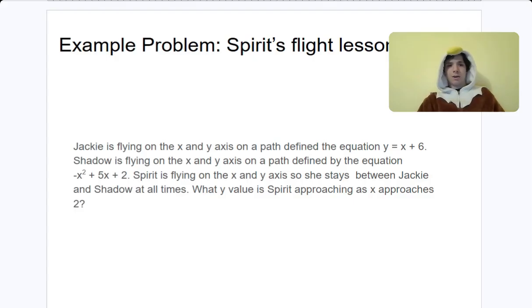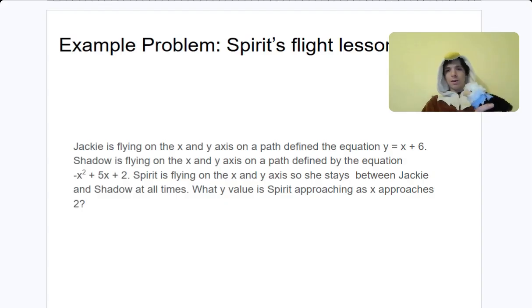And then Shadow flying on the x and y axis with negative x squared plus 5x minus 2. Now Spirit is learning to fly, so she's going to fly right in between them at all times. And what y value is Spirit going to approach as x approaches 2?